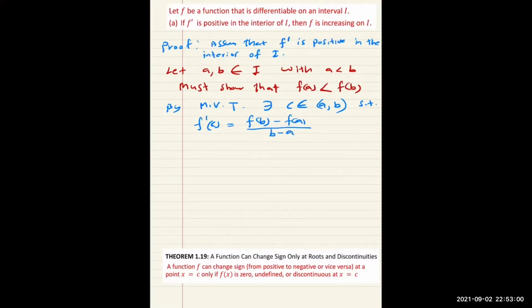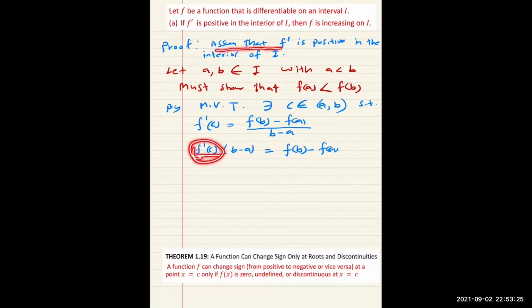Now you multiply this b minus a to the other side. F prime of c times b minus a is equal to f of b minus f of a. Now notice that f prime of c is positive.